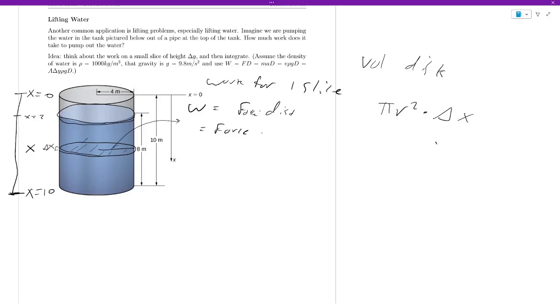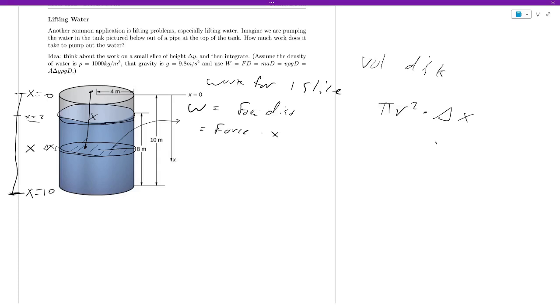If it was at position 2, it would have to move 2 to get out, right? But if it was down here at position 10, it would have to move 10 to get out. So it seems like its x position is the same number as the distance it has to move. And that's totally true. To get to the top height, it's got to move this far, and x is another name for that line segment's length when I'm sitting here at position x. So here the distance is just x.